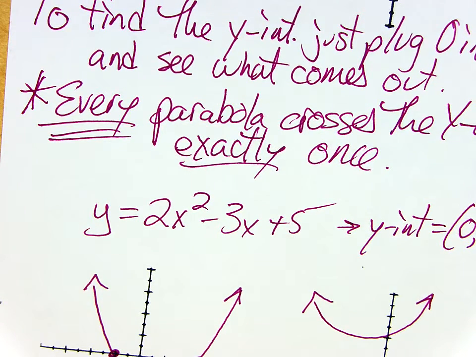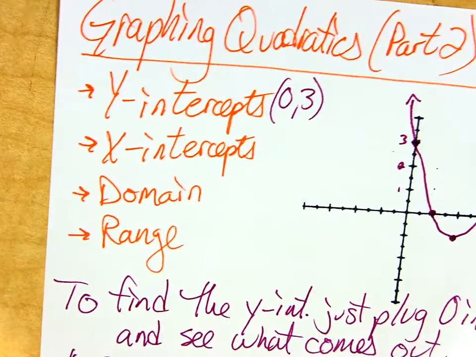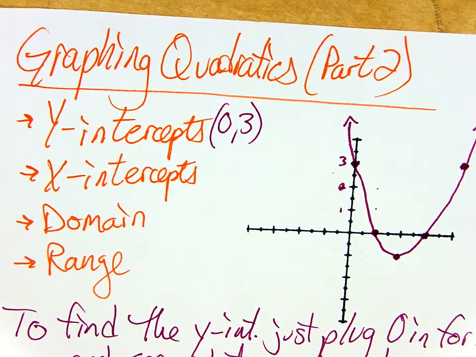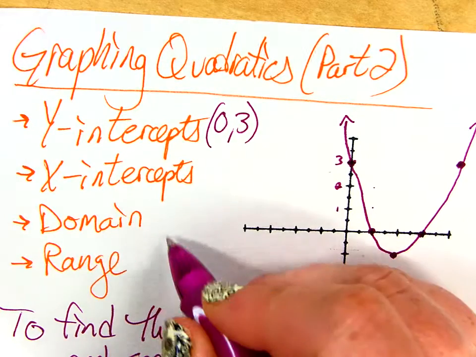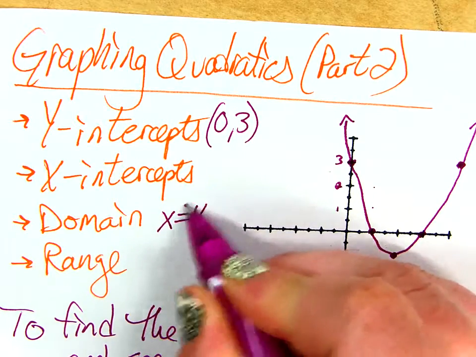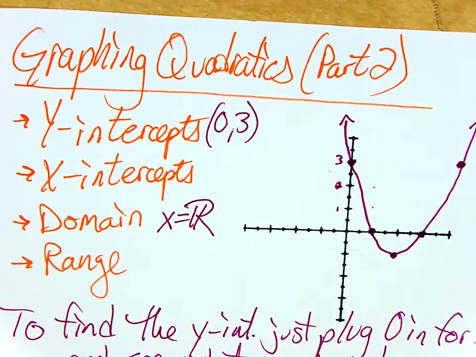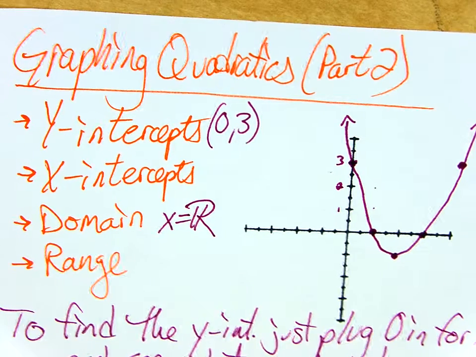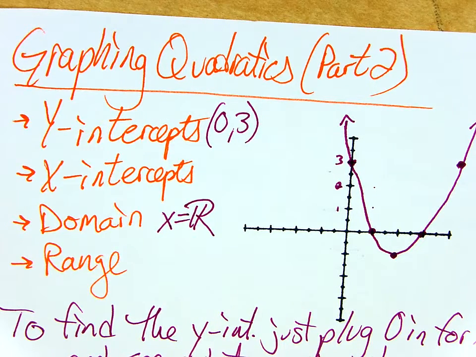Now, we're kind of lucky because everything that we're dealing with right now is a quadratic. And I can plug in anything I want into a quadratic and something will come out as an answer. So, your answer for the domain of basically every quadratic is that x is equal to all reals. Meaning, you can plug in any number that you want. Any number. Doesn't matter.